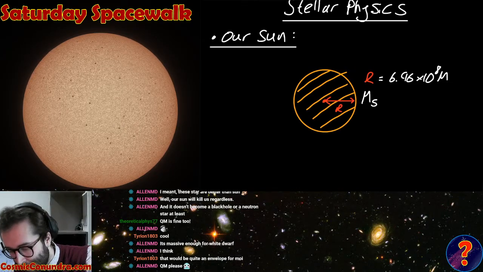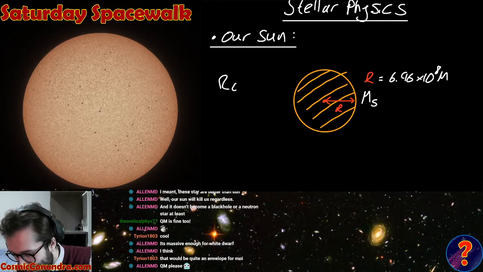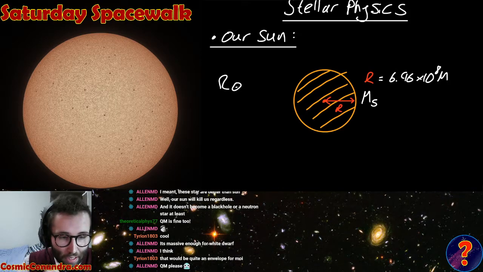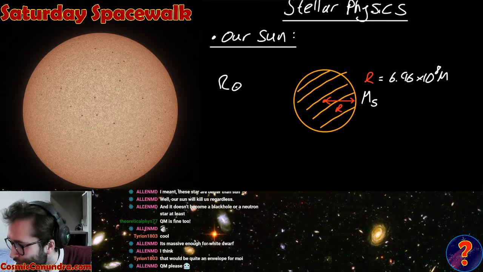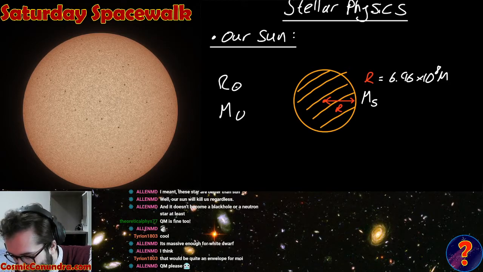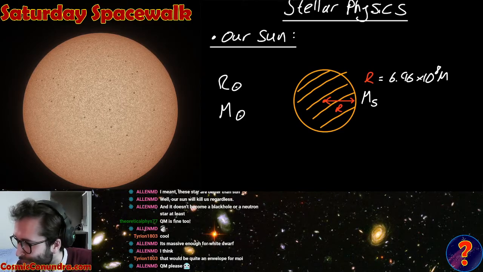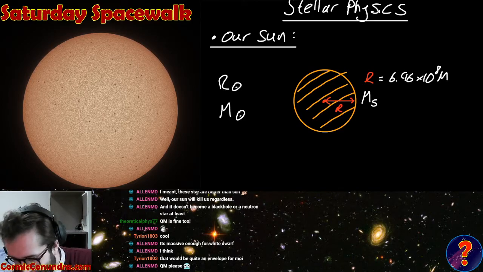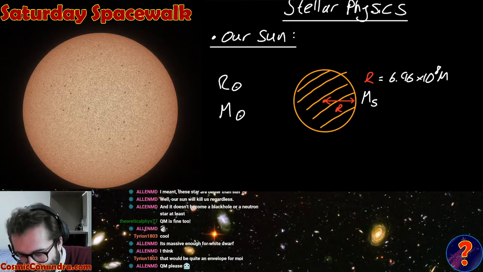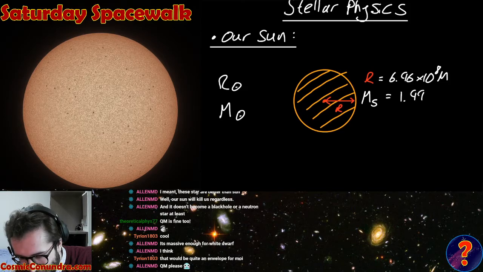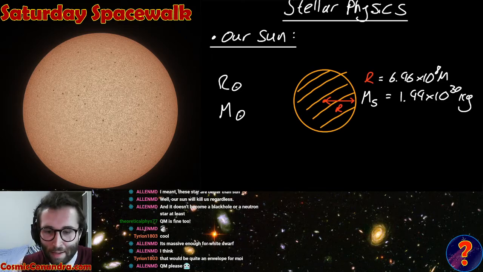Sometimes they use a different symbol: a solar radius is often an R with a little circle and a dot in it. The little circle with a dot means that it refers to the sun, and likewise M with a little dot would be the mass of the sun, but I'm just going to use S, because it's too much effort to draw the little circle and the dot. With the thickness of my pen it looks a bit weird. Okay, and the mass of the sun we'll take to be around 1.9 times 10 to the 30 kilograms.